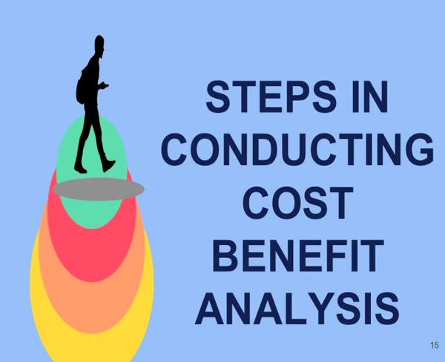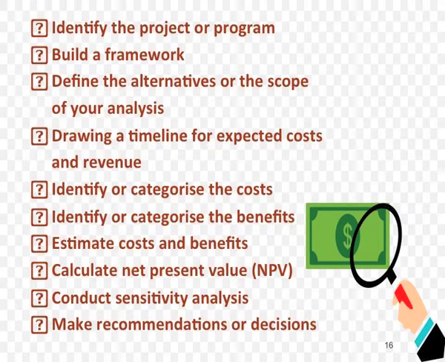Now, what are the steps in conducting the cost benefit analysis? The first is to identify the project or program. When we start any project or program, we first have to identify what project we are going to propose and build a framework for that program.